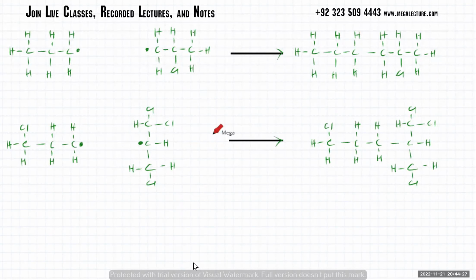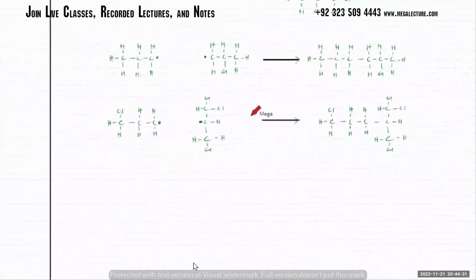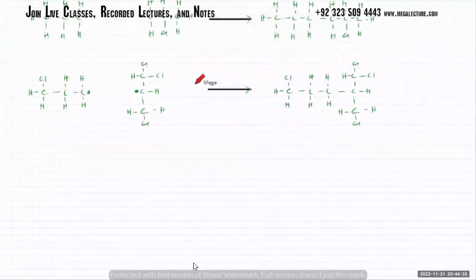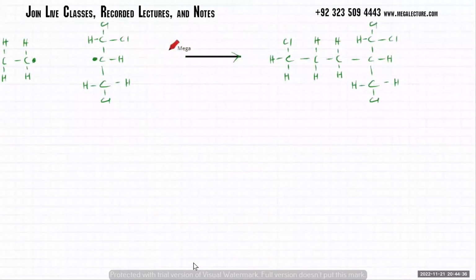Okay, then one more. Can this molecule form, if I have this thing? I've got carbon, carbon, carbon and a carbon. Let's say there's random substitution as well.